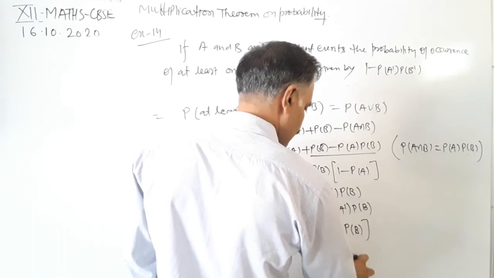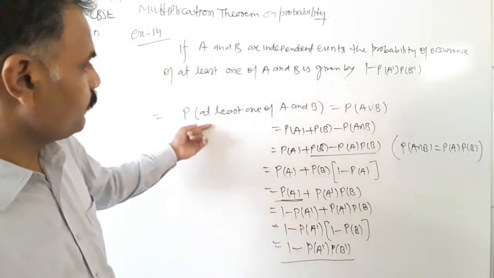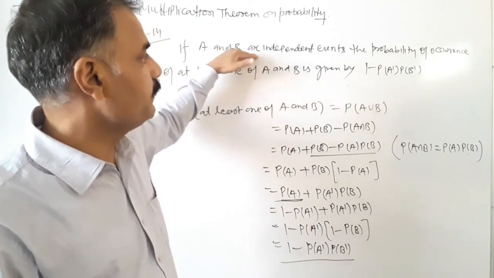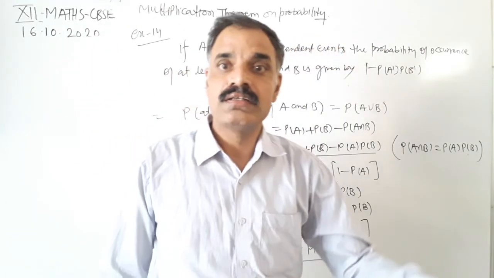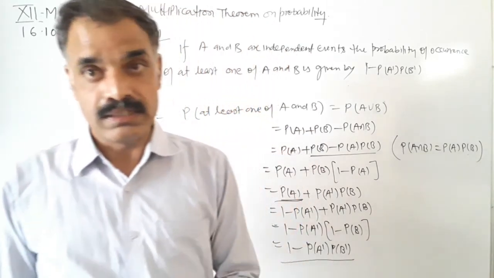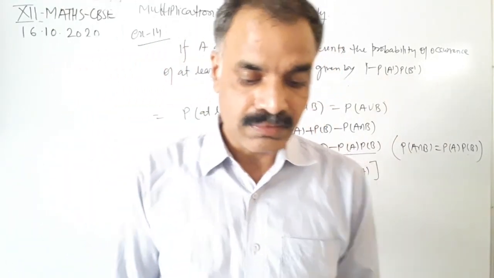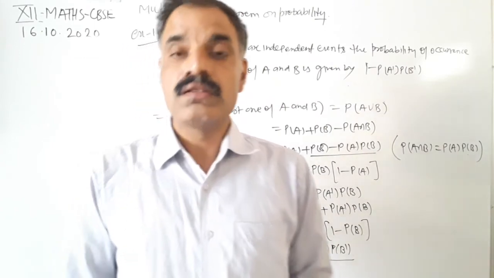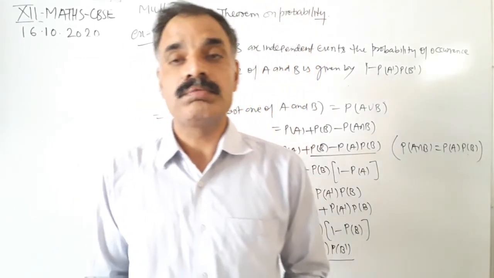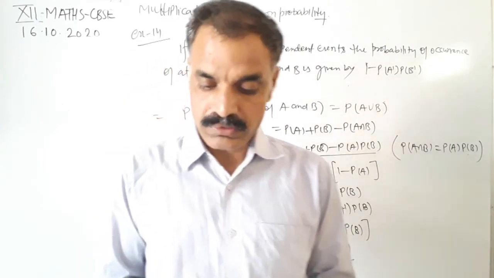So the probability of at least one of A and B, whenever the events are independent, is given by 1 minus PA dash PB dash. This is example number 14 of the exercise.